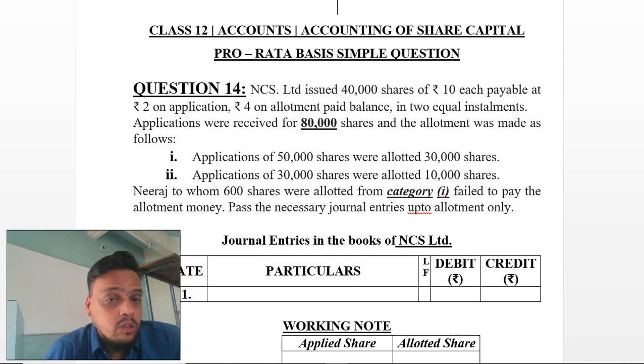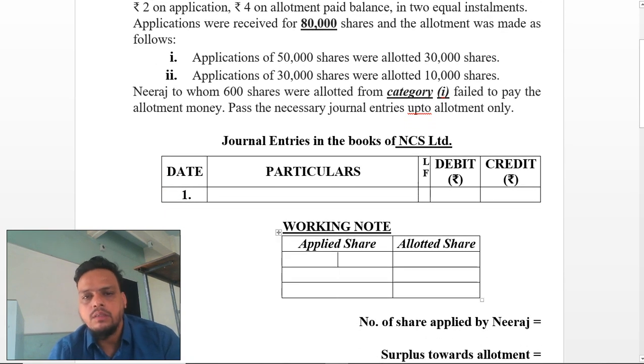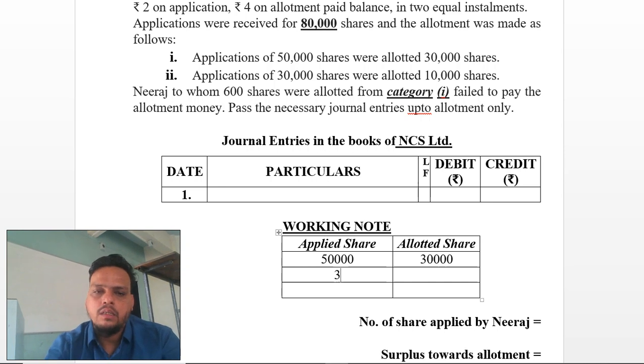This kind of question can be asked for 3 marks or 4 marks. Be careful with the marks also. Here it has been asked to make an entry till allotment. Let's begin with the working note first: how much applied and how much allotted by the company. The company has decided that of the first 50,000 applications, only 30,000 shares will be given. Now the 30,000 shares applied for will only be issued 10,000 shares.